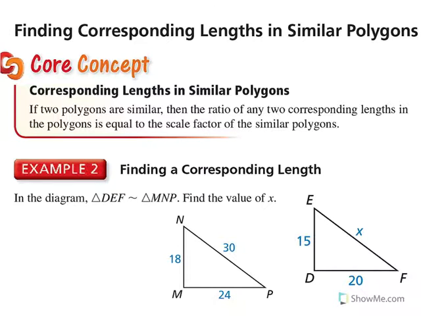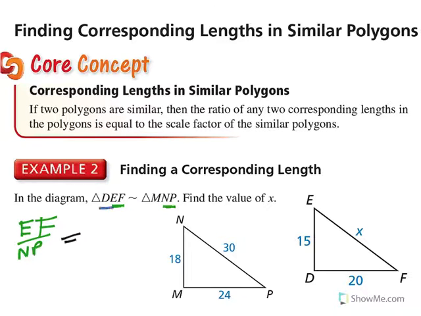So in this example 2, we want to find the corresponding length. If I set up the proportions, I want to find the value of x. X is EF. So I'm going to first look at EF as the last two, so that means it corresponds with NP. So I'm going to compare EF over NP. And this would be equal to one of my other corresponding ratios.